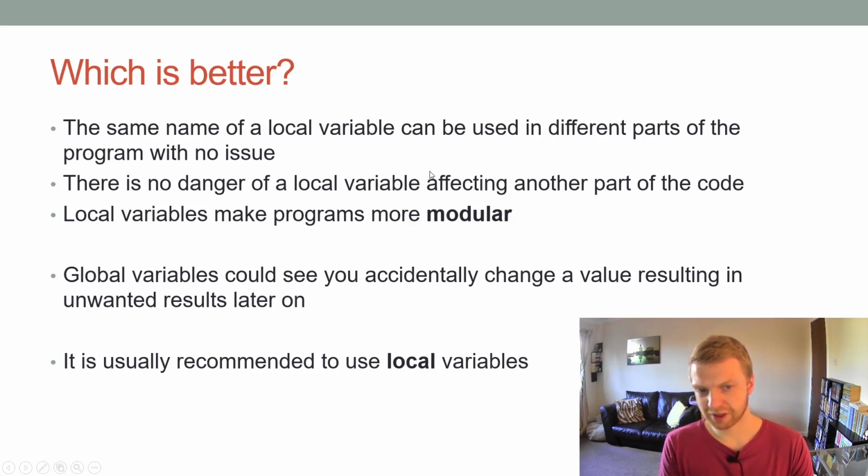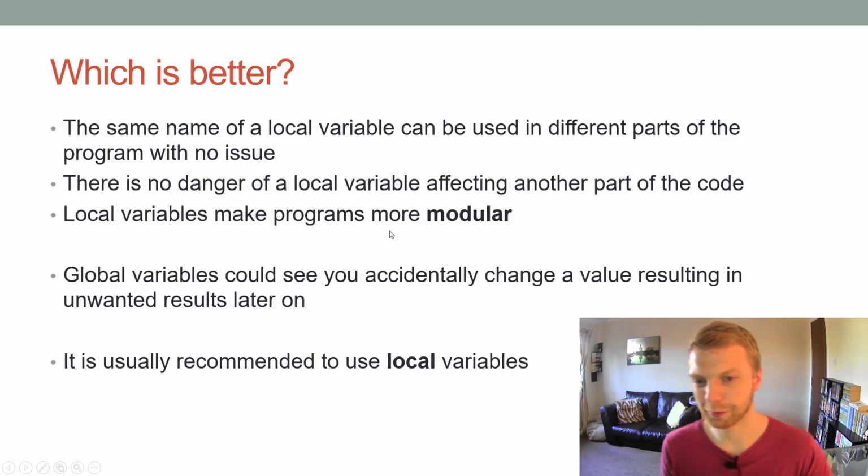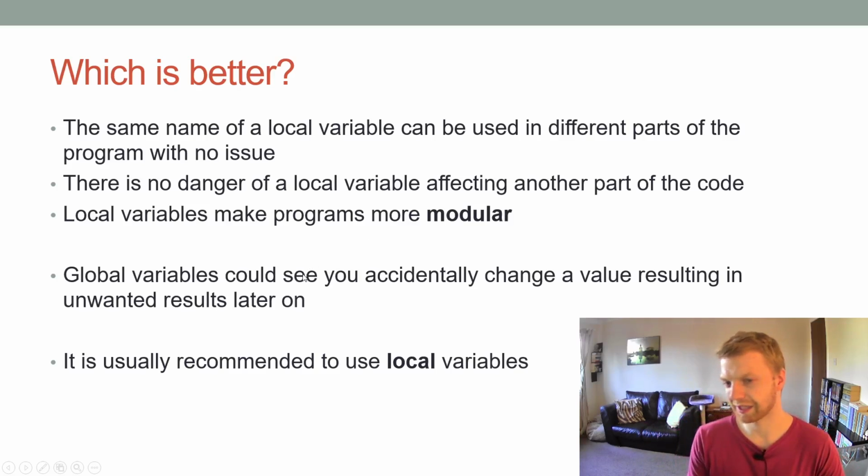There's no danger of variables getting mixed up, of things changing that you don't want. And the keyword is modular. That is such a great exam word to use, to say what is the benefit of local variables. That is a question you could be asked, and you could say that using local variables over global variables makes your program more modular. As I've said, it's better to use local variables.